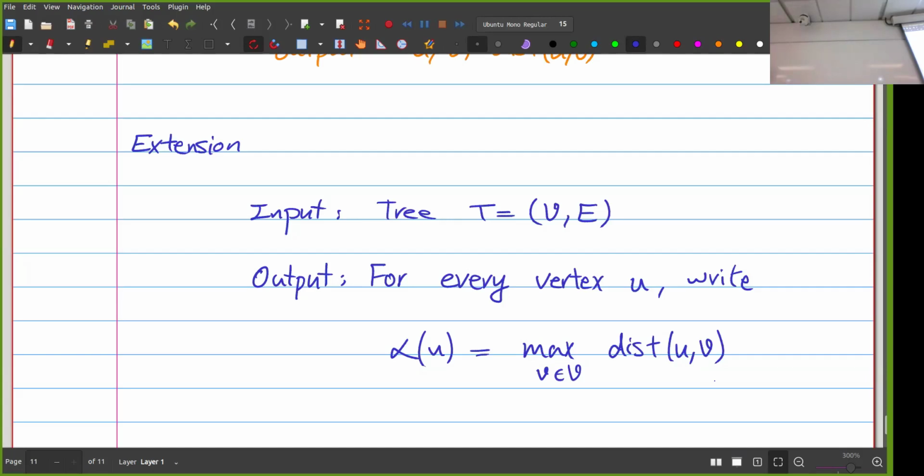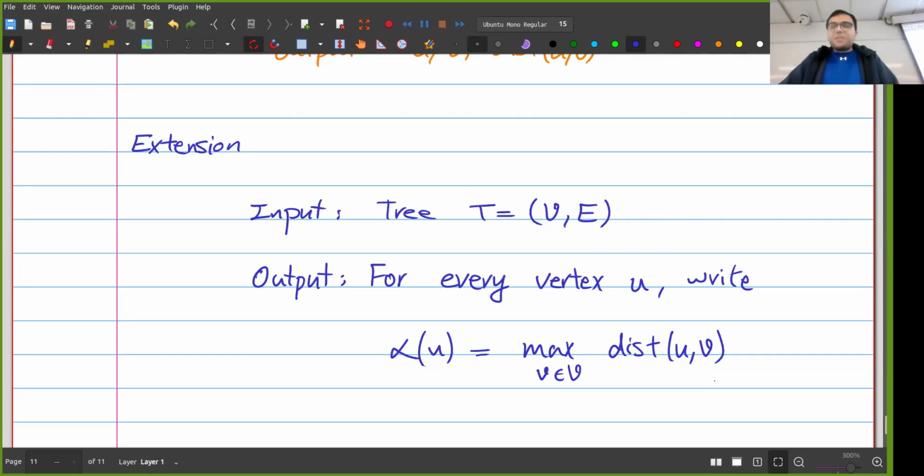Okay. Now, how would you solve this one? Well, a simple solution would be that I start from every vertex U and do a DFS or BFS and see what is the farthest vertex, right? That would take n squared time because I have n starting points, and for each of them, I'm spending O(N) on my DFS or BFS.